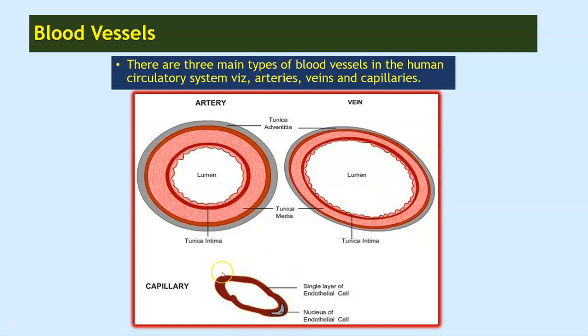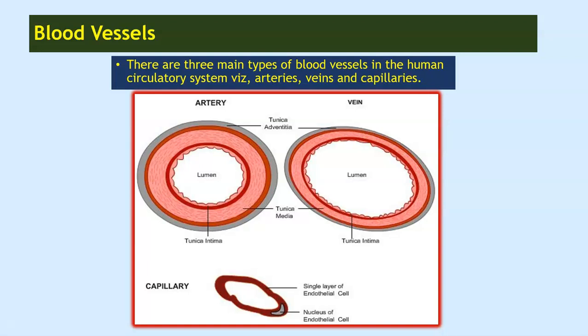And this here is your capillaries. Capillaries are the thinnest of the blood vessels and they are formed by division and redivision of the arterioles. Capillaries unite to form venules. Venules join to form veins. So here you can see that when the arteries break into capillaries, the capillaries unite to form veins.